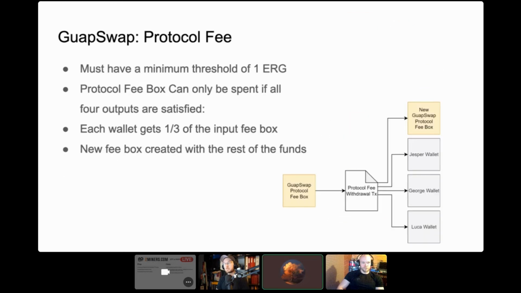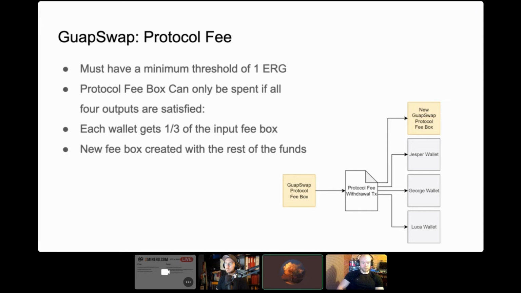So this is just a slide explaining how the protocol fee works. Whenever you do a swap, a percentage is taken from your mining reward and sent to this contract.